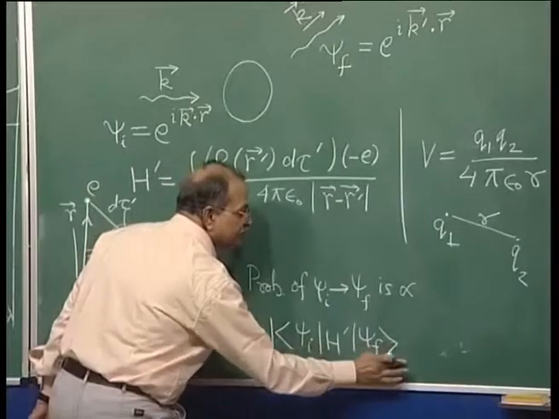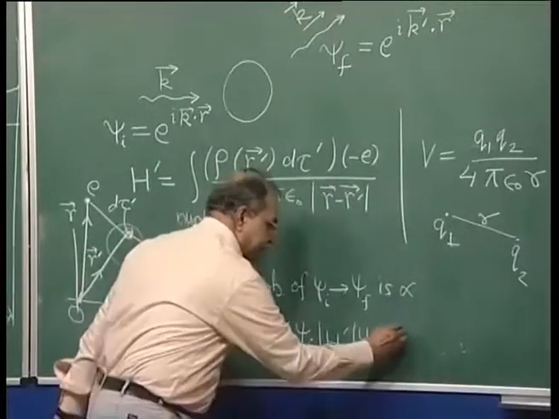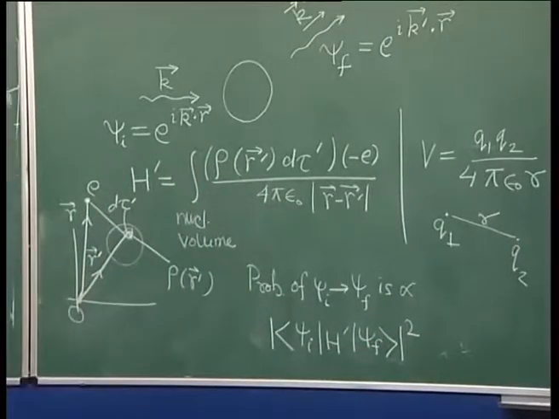I will just tell you the meaning. Okay, it is square of this. The probability is proportional to square of this. This is an integration and let me tell you what is this integration.